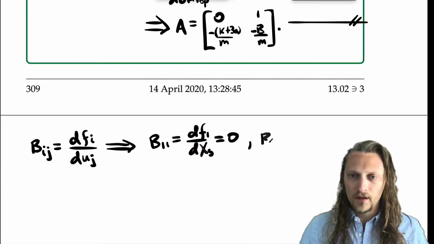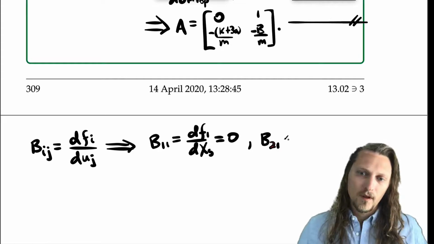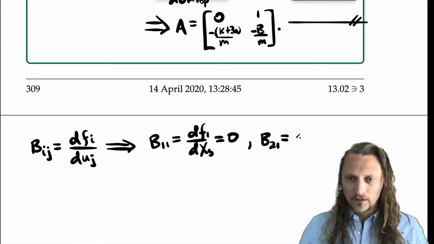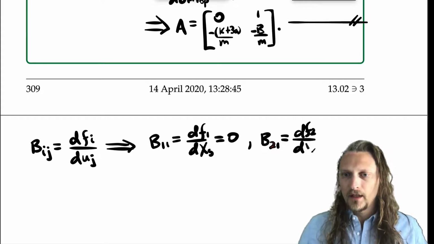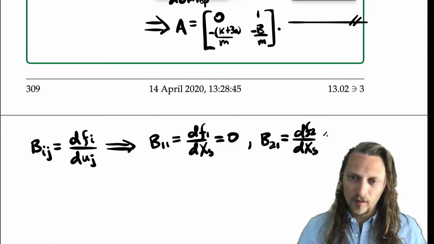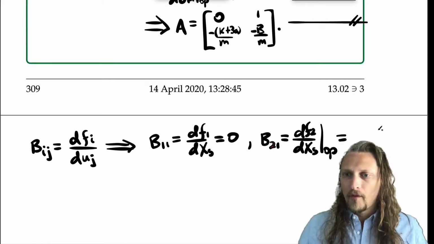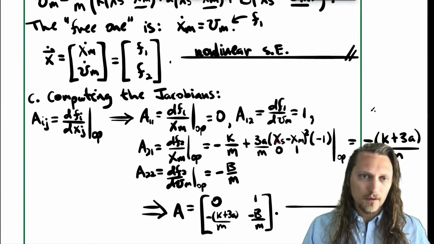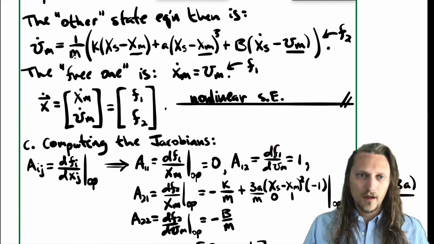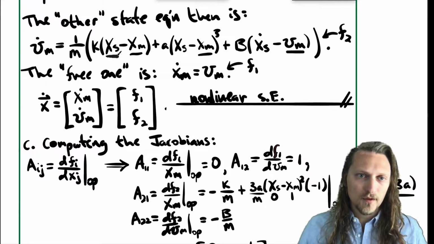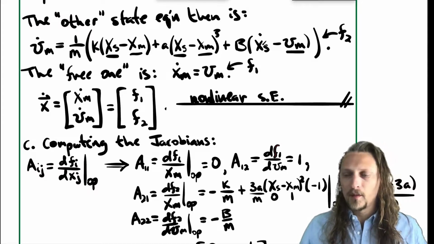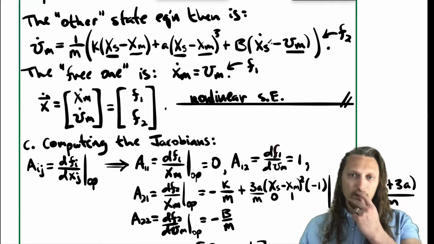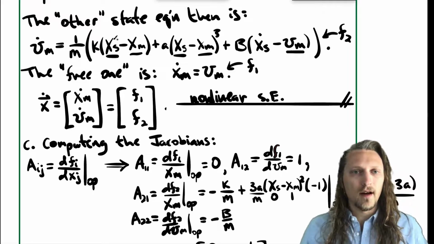And B21 equals dF2/dxs, the input variable, evaluated at the operating point. If I go back up to our F2, the long expression here, I find our xs terms, which are here, and the time derivative shows up here, but we're going to deal with that with the E matrix, remember. So we're going to ignore this xs dot for now.